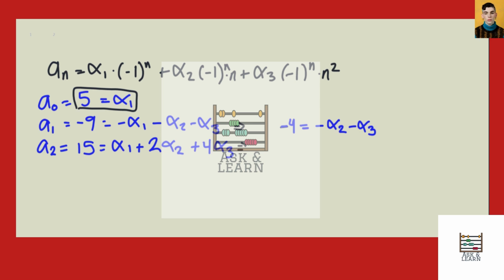And if we do the same thing with the second equation, it comes out to 10 is equal to 2 times alpha 2 plus 4 times alpha 3.